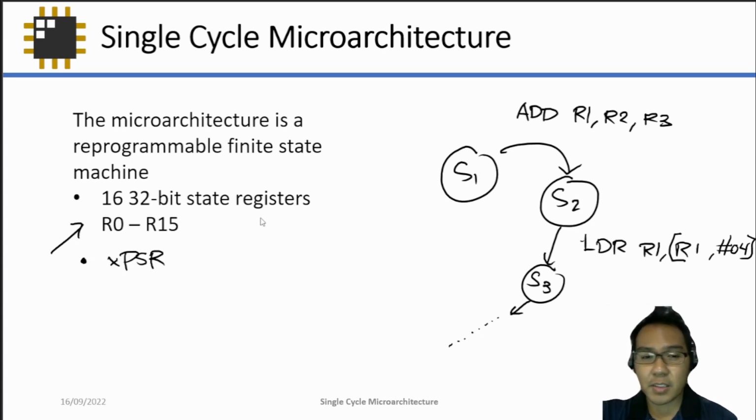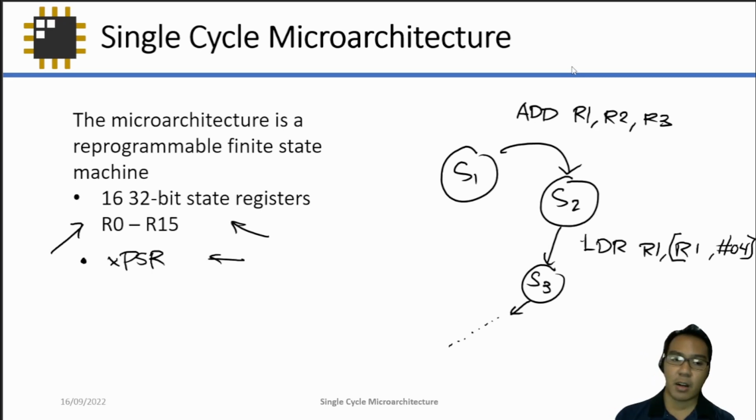Since you have so many state variables, 16 32-bit state registers, and in addition the bits of the XPSR, you're going to have a lot of state.